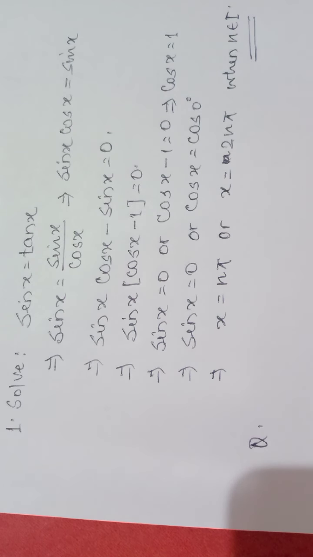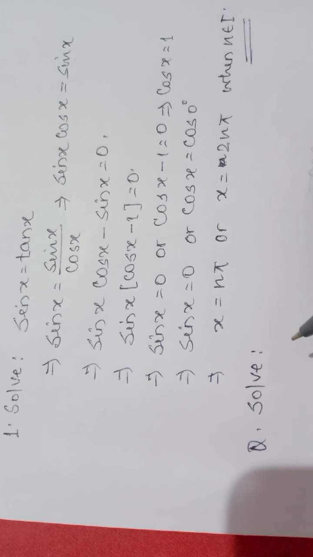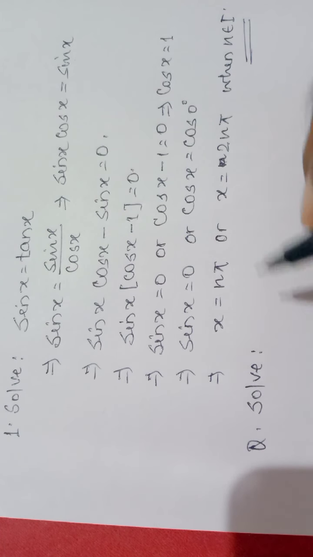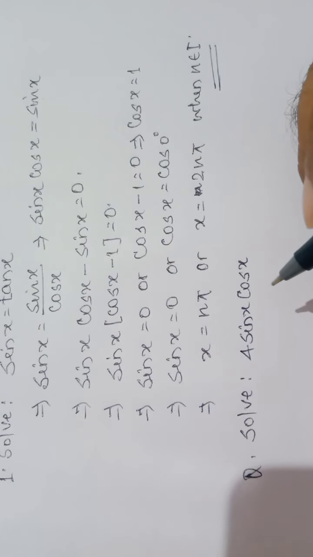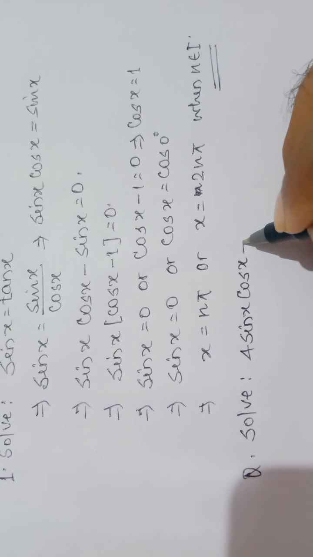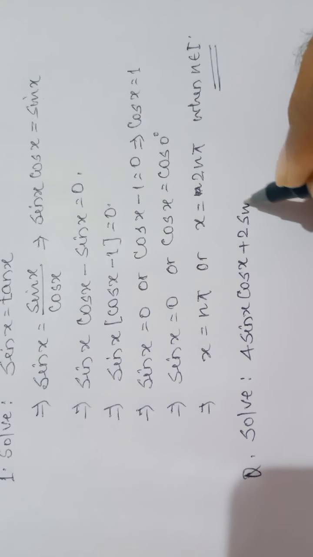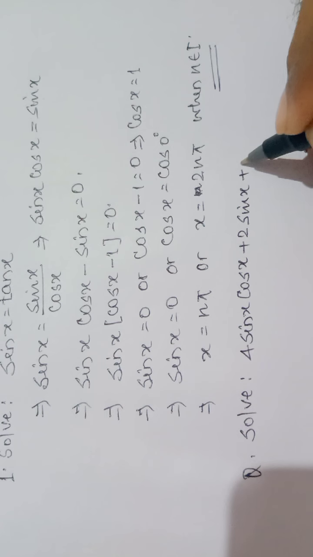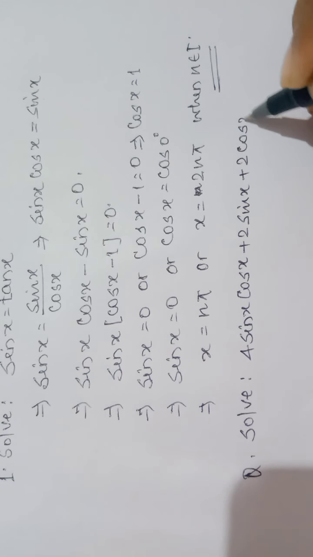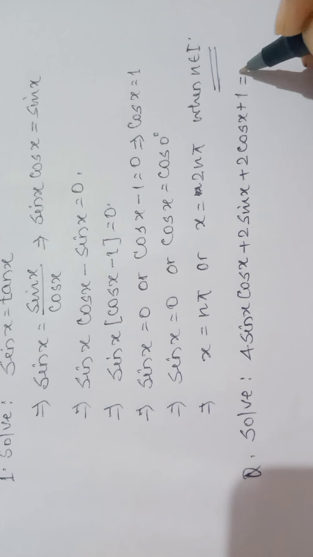Solve the equation 4 sin x into cos x plus 2 sin x plus 2 cos x plus 1 equal to 0.